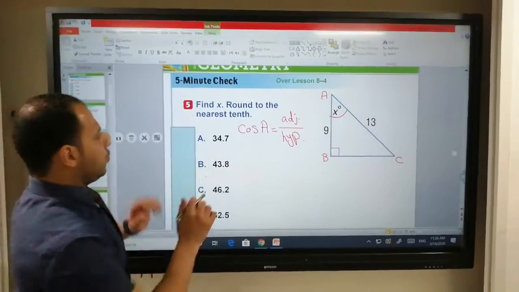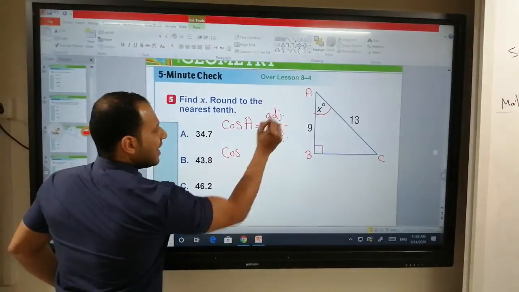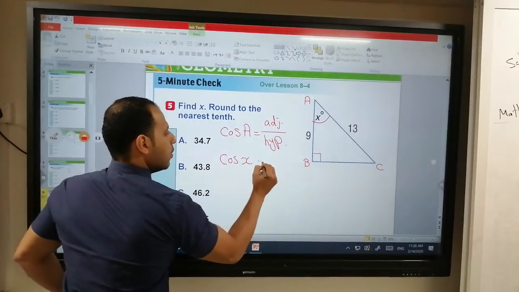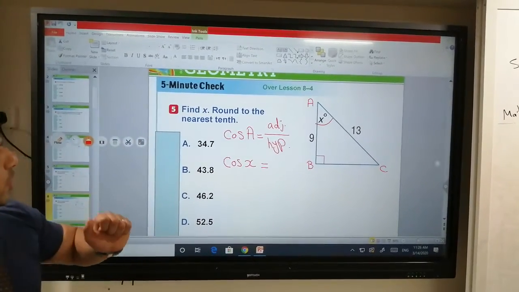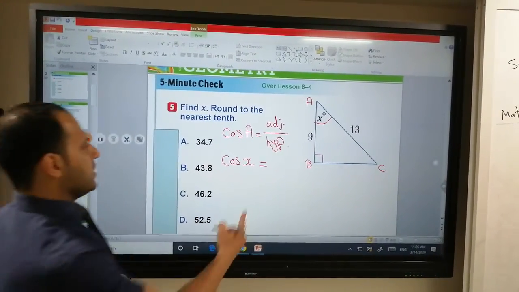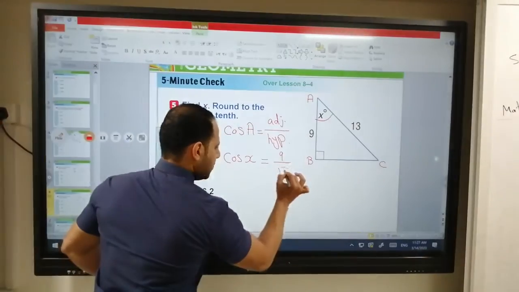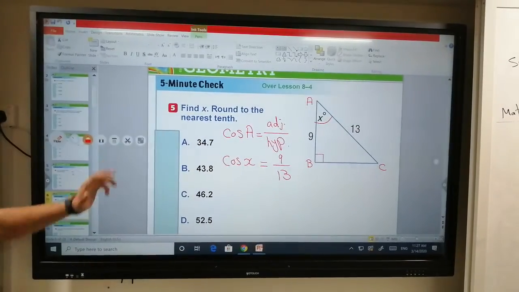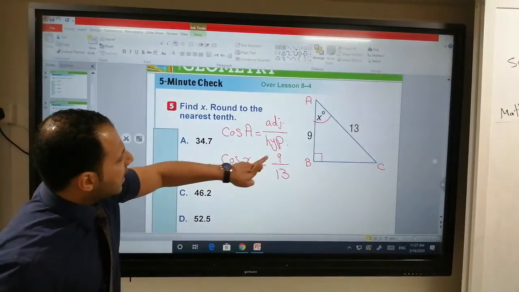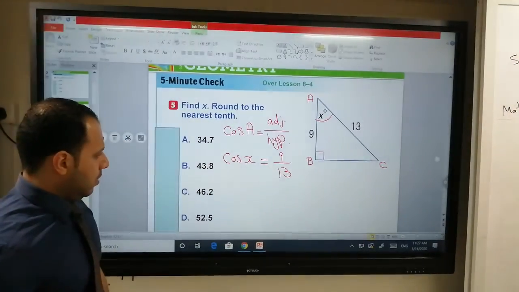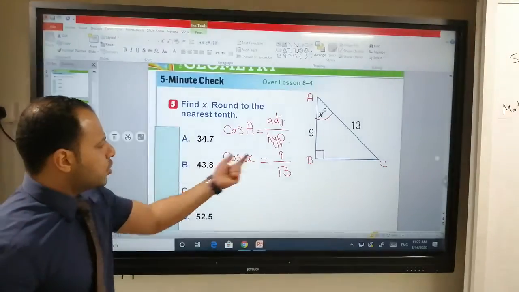Just substitute. Cosine of the missing angle x equals adjacent, which is 9, over hypotenuse, which is 13. So cosine x equals 9 over 13. What shall I do? I need to find the measure of the angle.